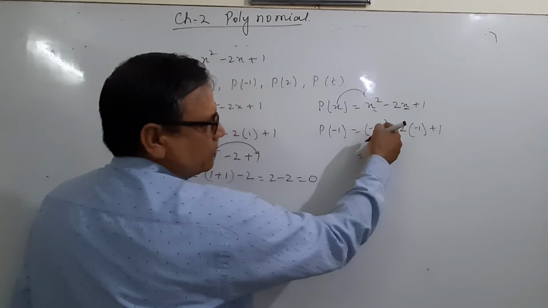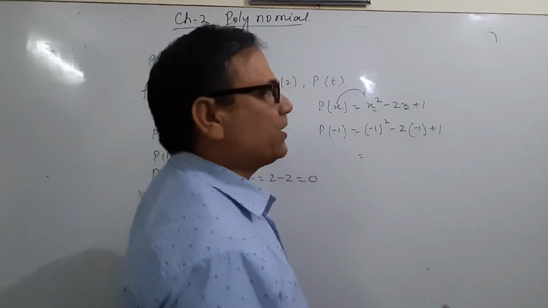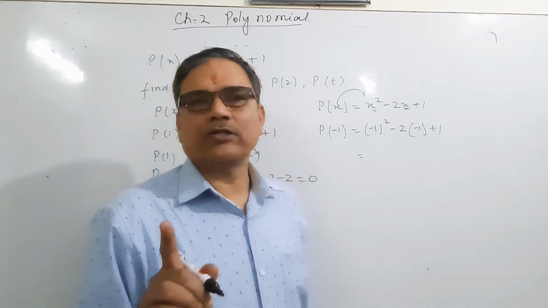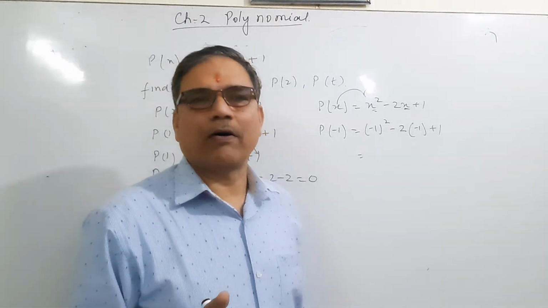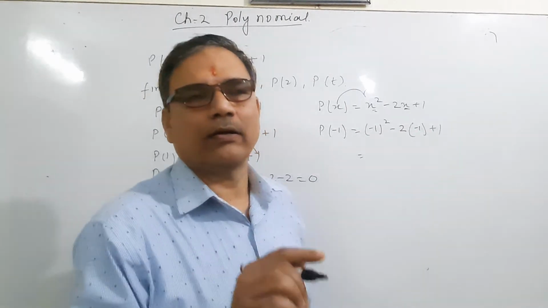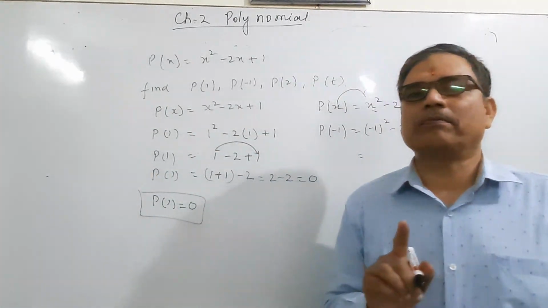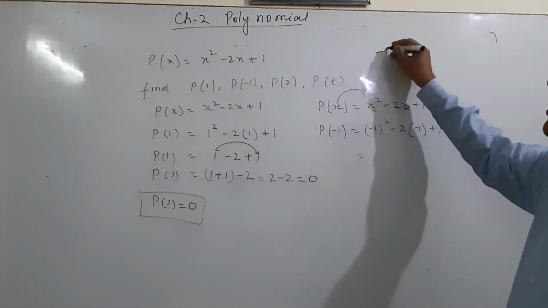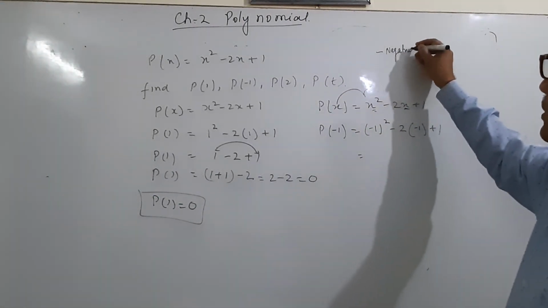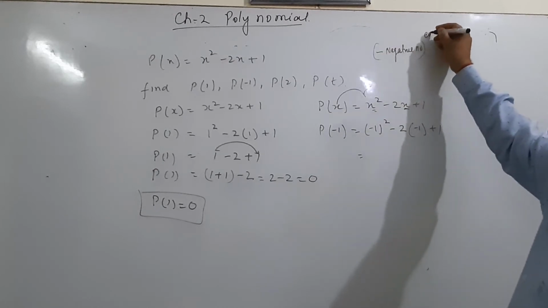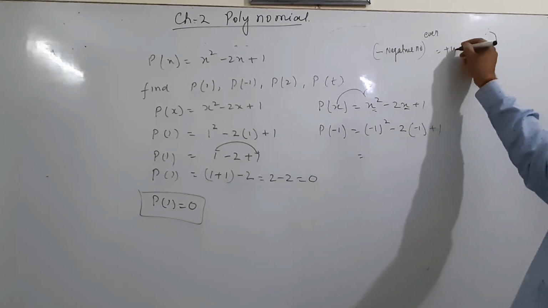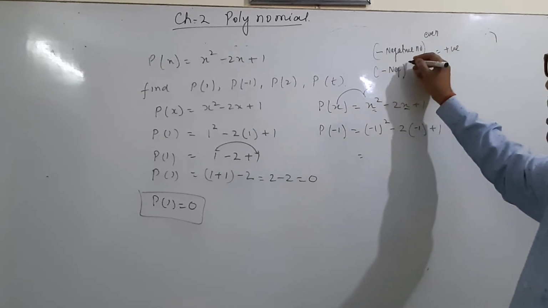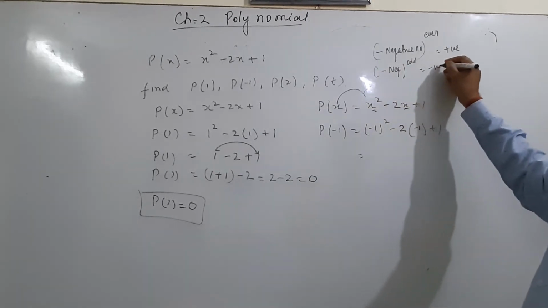Here is the even power. The power of a negative number is always positive when the power is an even number, and a negative number with an odd power is always negative.